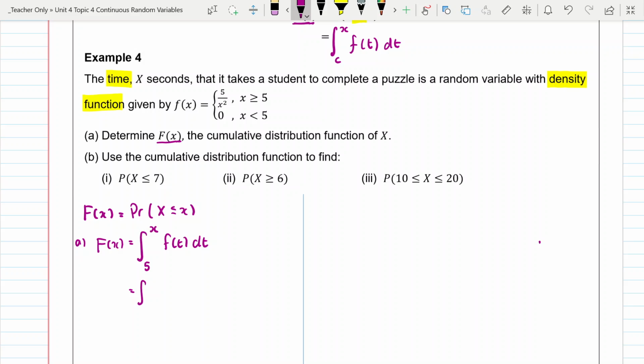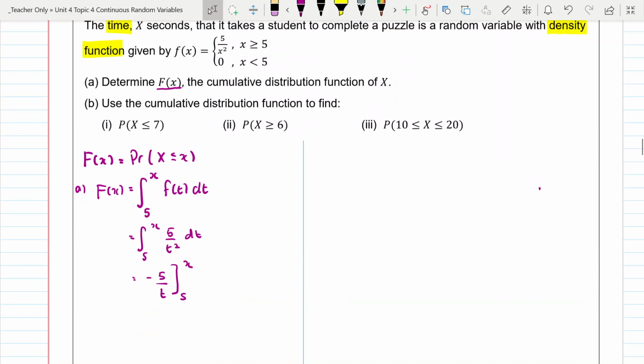Okay, so we're integrating 5 to x of 5 over t squared dt, and that's equal to negative 5 over t, going from 5 to x, and we have negative 5 over x, take negative 1, and that gives us negative 5 over x plus 1. So therefore, our integrated function, our cumulative distribution function, is going to be 1 minus 5 over x for x greater than or equal to 5.